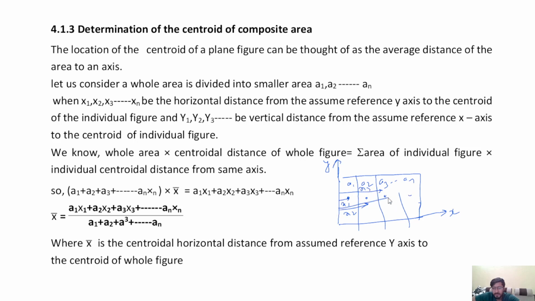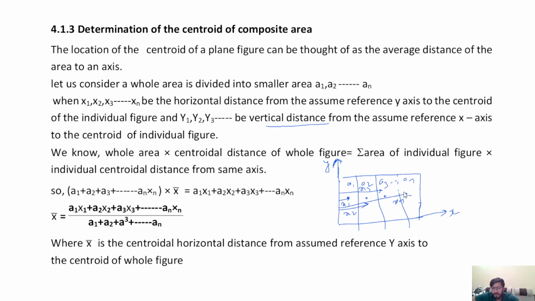x1, x2, x3, xn are the horizontal distances from the assumed reference y-axis to the centroid of the individual figures. Here individual figure means area of figure A1, A2, A3, A4. And y1, y2, y3 are the vertical distances from the assumed reference x-axis to the centroid of the individual figure.